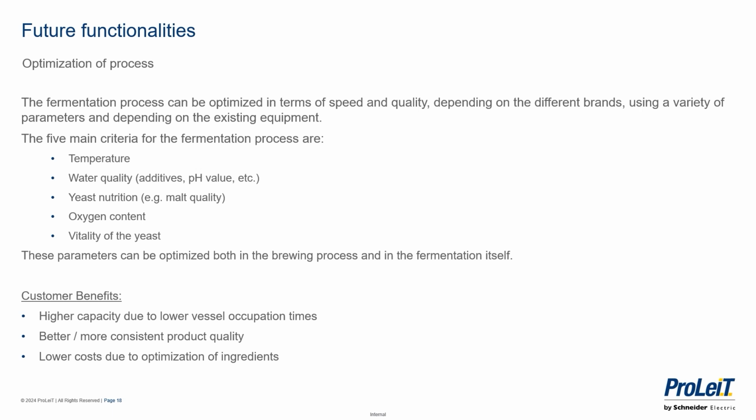And depending on the fermentation process, you can adjust this, add some food for the yeast, or change your complete production process to improve the quality of the fermentation process, which means that you have lower vessel occupation times, which saves you money, that you have a higher consistent product quality, and at the end, lower costs.